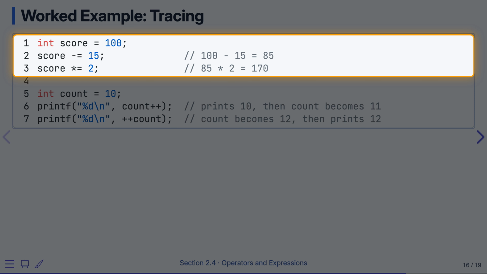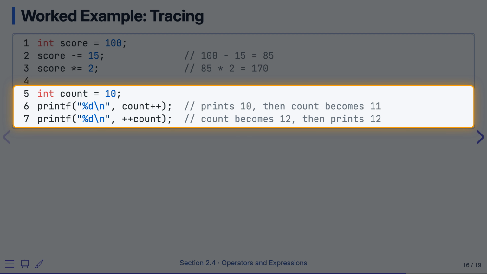Let's trace some code to build fluency. Score starts at 100. score -= 15 makes it 85. score *= 2 makes it 170. Now count starts at 10. The first print uses count++. Post-increment returns the old value 10, so it prints 10, and then count becomes 11. The second print uses ++count.